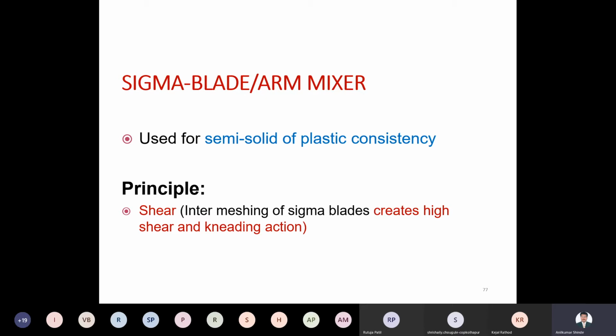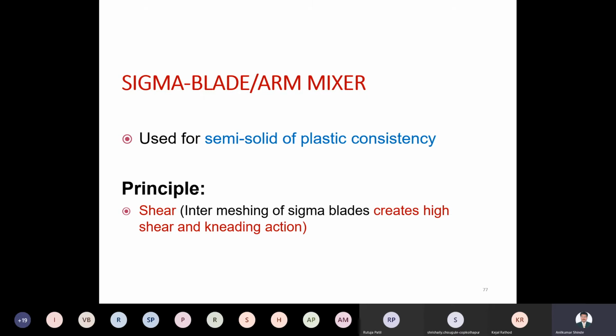So the principle of the sigma blade is shearing. With the help of the blades which are attached inside the body, the sigma blade causes the shearing action. The sigma blade creates higher shear and kneading action.